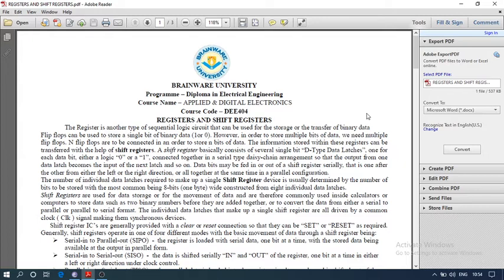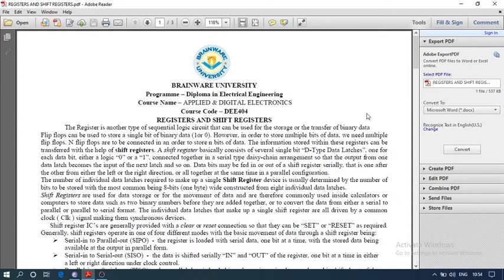The data can be entered and retrieved in serial or parallel form. The serial form means bit by bit. So one bit, then after one bit, then after one bit in a serial manner. And parallel form means all bits are entered and retrieved simultaneously.